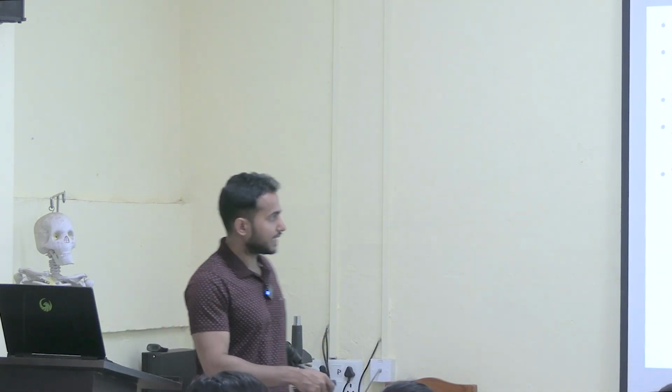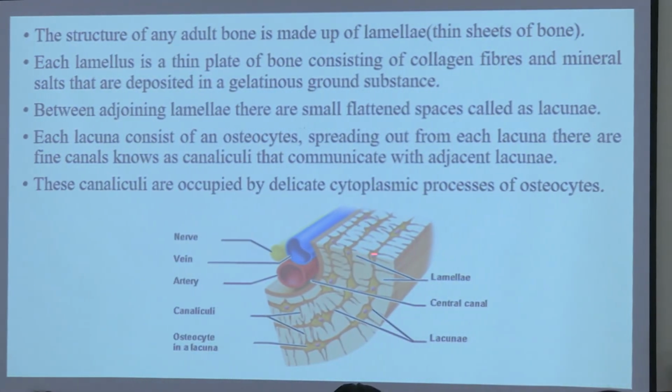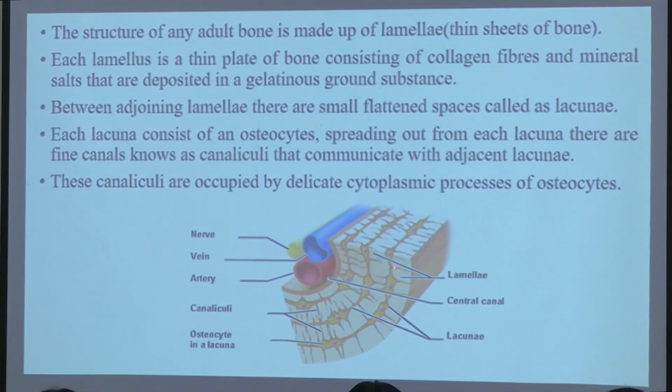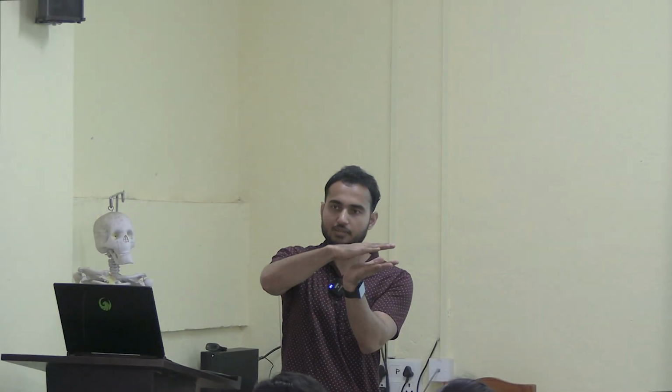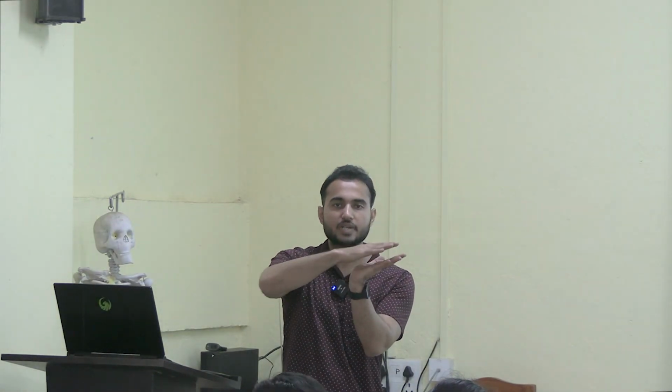Next, can you see a small space between the two lamellae? This is one lamellus, this is one lamellus. In between these two, can you see a flattened space? This is called a lacuna. What is present in it? Osteocytes are present. Suppose there is a plate, a lamellus, and another plate, a lamellus, and between the two there is a flattened space.